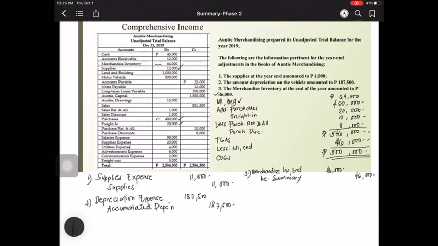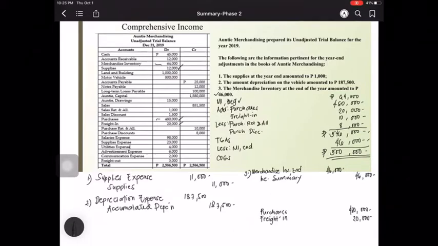We need to credit them this time. So we credit your total purchases amounting to 480,000. What else? You have your freight in there. We have to credit your freight in for the amount of 20,000.